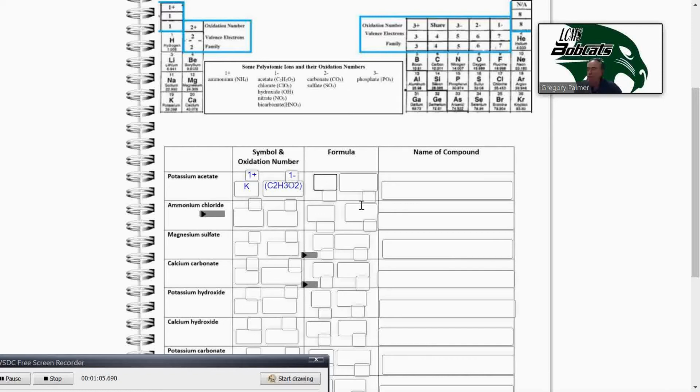So now to come up with our formula, we're going to take the potassium and we're going to take the acetate, the C2H3O2, and we're going to take this 1 and move it down over here.